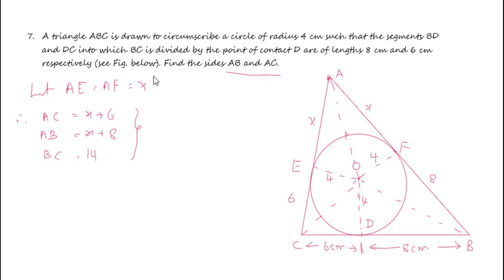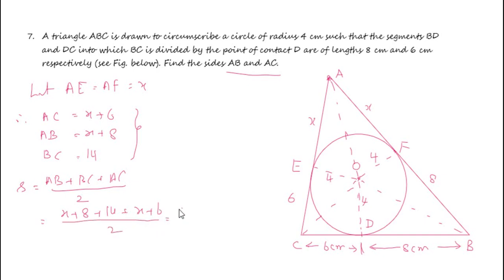First let us calculate the area using Heron's formula. For calculating using Heron's formula, first let us find out S. S equal to AB plus BC plus AC divided by 2. AB equal to x plus 8, BC equal to 14, AC equal to x plus 6, divided by 2.